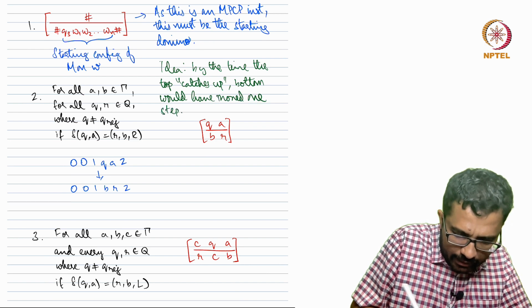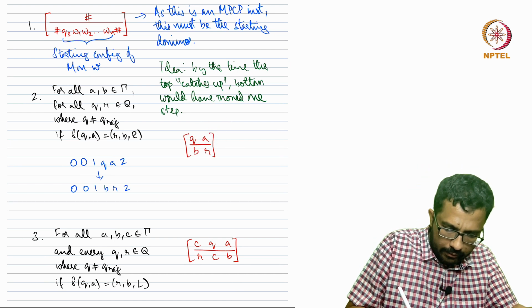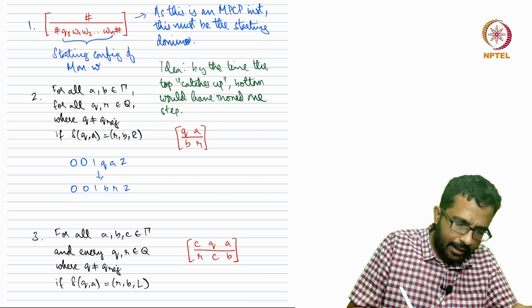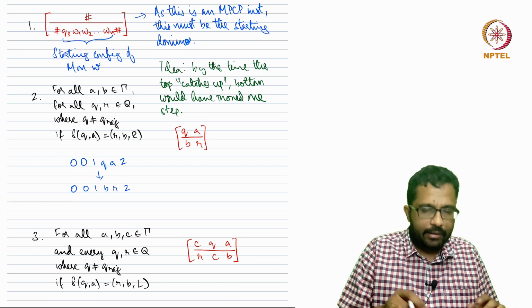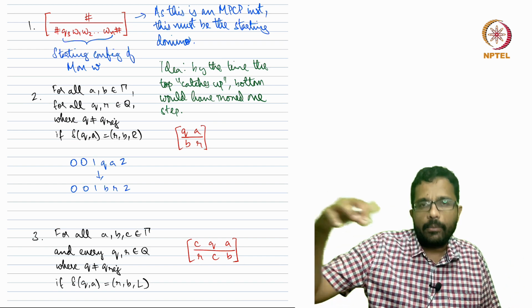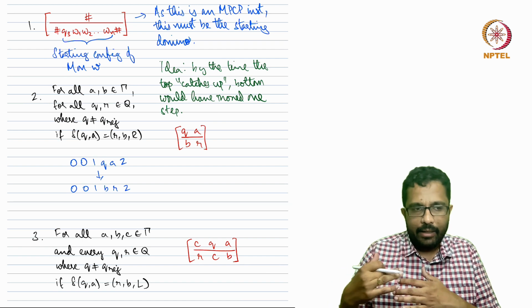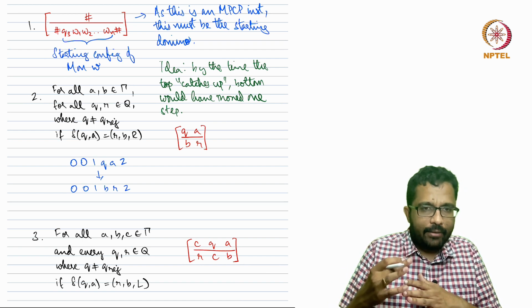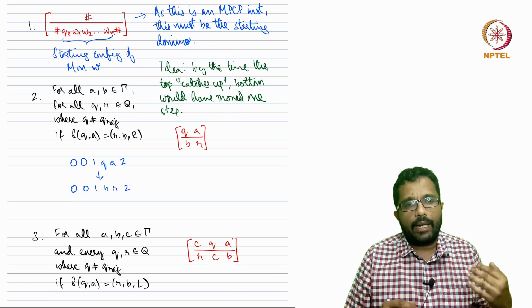When I say one step, I mean one step of the Turing machine computation, right? That's the idea here. Now when you match the top again, the bottom again moves by one step. So the bottom is always ahead, and at the end we need to somehow make sure that the top is allowed to catch up.